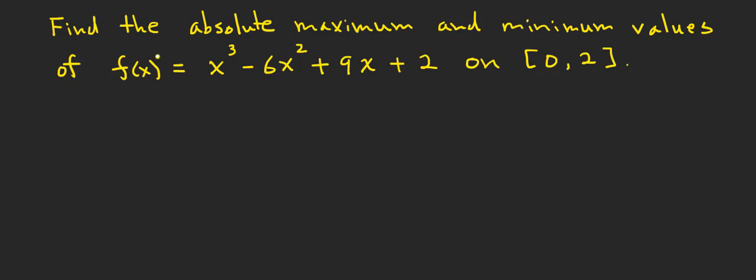Now let's find the absolute max and minimum values of f of x on the closed interval from 0 to 2. Again, we need to find the critical point, so let's find the derivative. 3x squared minus 12x plus 9, set it equal to 0.